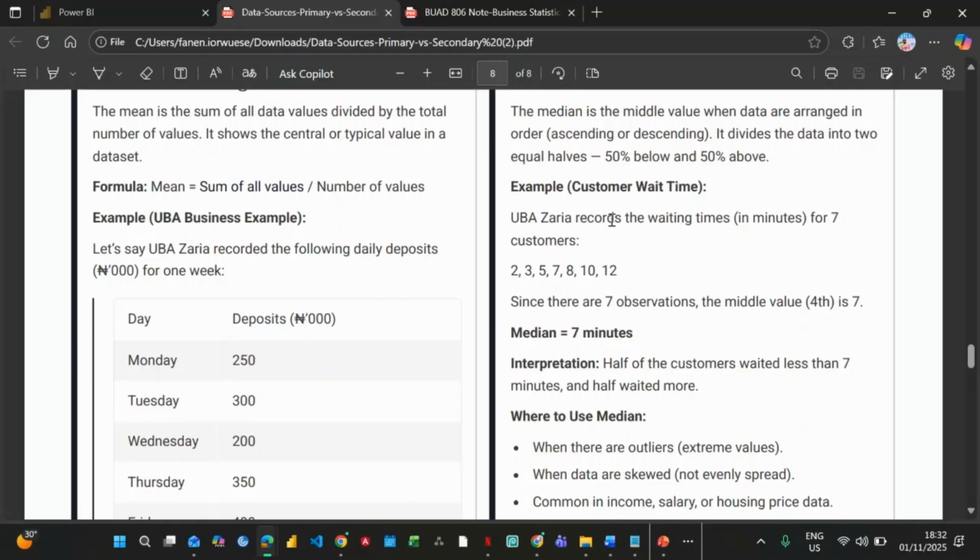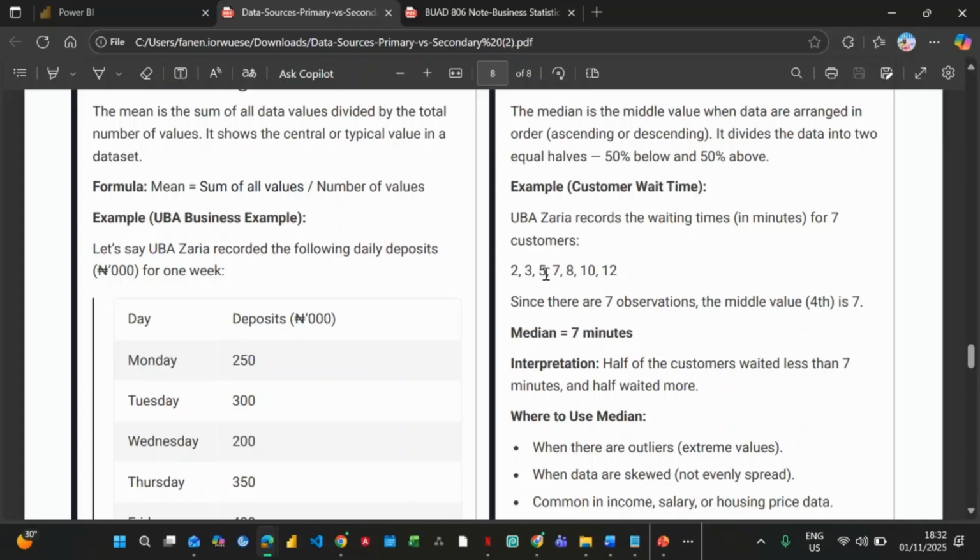This data is odd: 1, 2, 3, 4, 5, 6, 7. Understand? So these are odd numbers. In a case where you have even numbers, you pick the two in the middle and divide them by two, and that gives us the median.